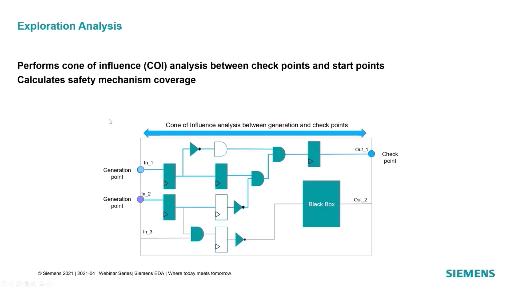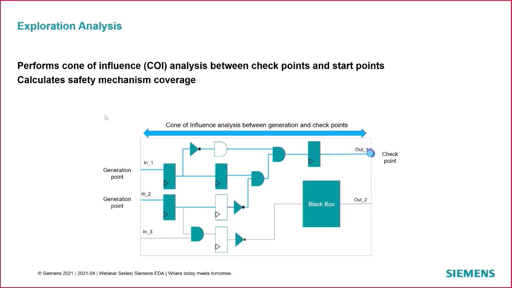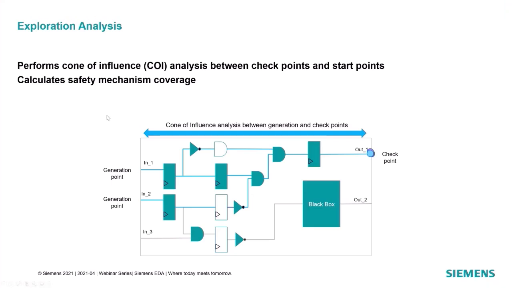Basically, we can trace the path between these generation points and checkpoints and find the cone of influence, and make a plan to mitigate the faults in this path. And when we are doing this, we also tell you what the safety mechanism would be if you were to do such protection.